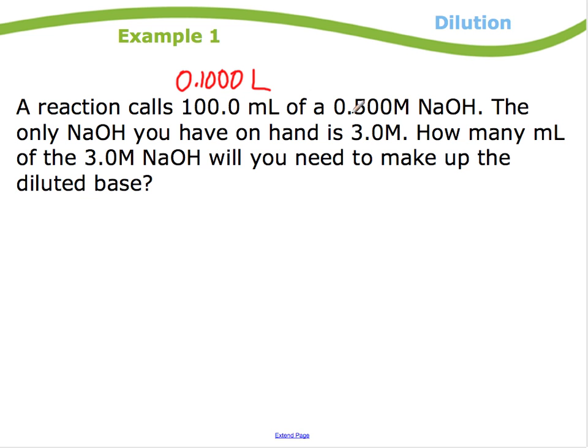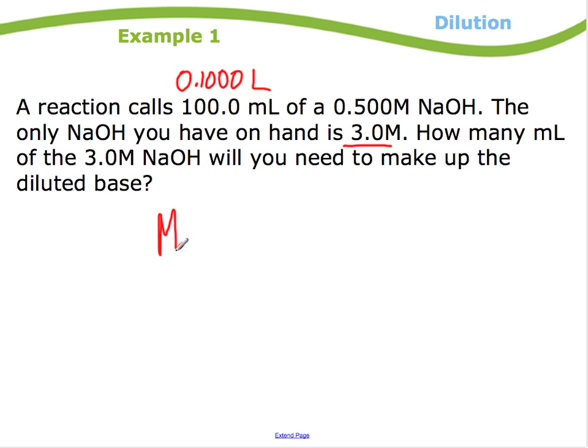The reaction calls for that volume of this molarity. The only sodium hydroxide on hand is at 3 molar, so they want to know how many milliliters of the 3 molar solution I'll need in order to produce this final volume of that molarity.